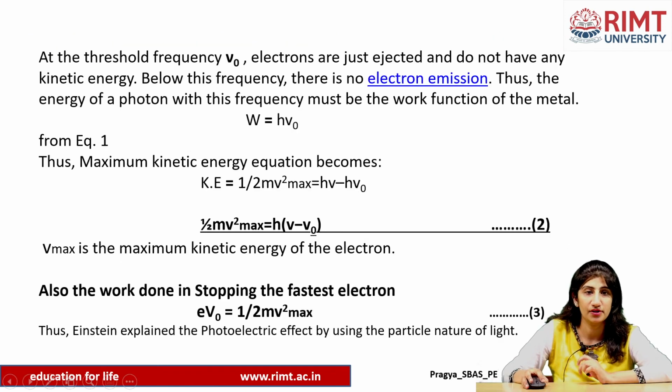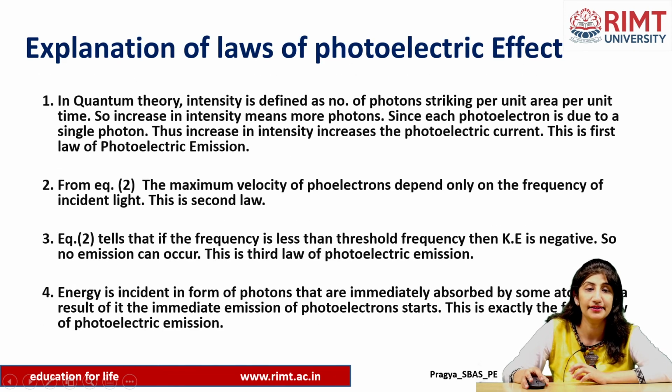Now, from equation number 2, we find that the maximum velocity of the photoelectrons depends only on the frequency of the light. This is exactly the second law of photoelectric effect. Then equation 2 also tells that if the frequency nu is less than the threshold frequency nu naught, then the kinetic energy is negative, hence no emission can occur.